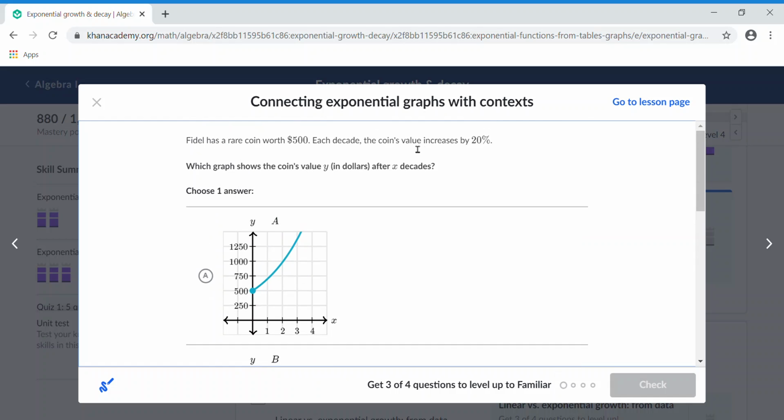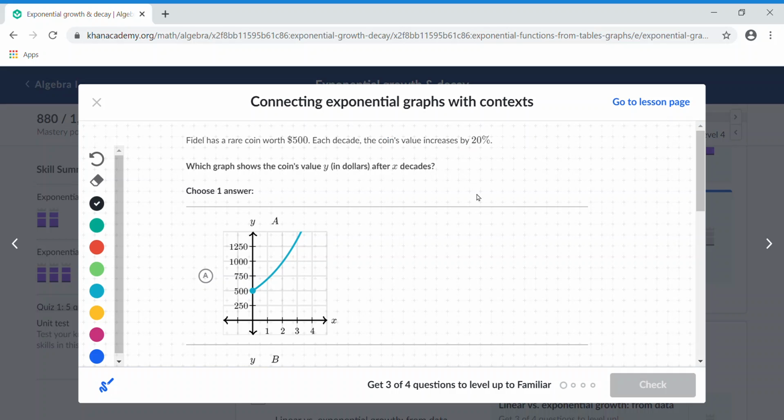Okay, and it increases after each decade. The coin's value increases by 20%. So the coin's value after one decade is 500 plus 20%, or 20 by 100, of 500.